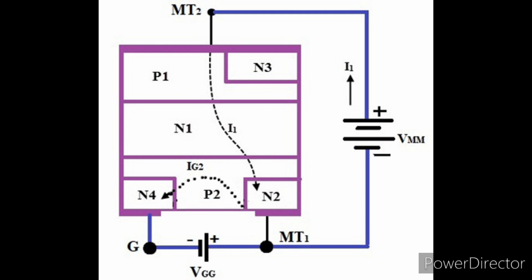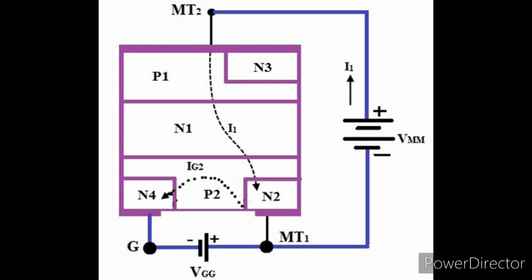So now P2 has become more negative, creating the electric field. In a TRIAC, all the regions are very close, such that the electric field created due to the negative gate dominates the electric field that is already present due to the reverse bias at the P2N1 junction.